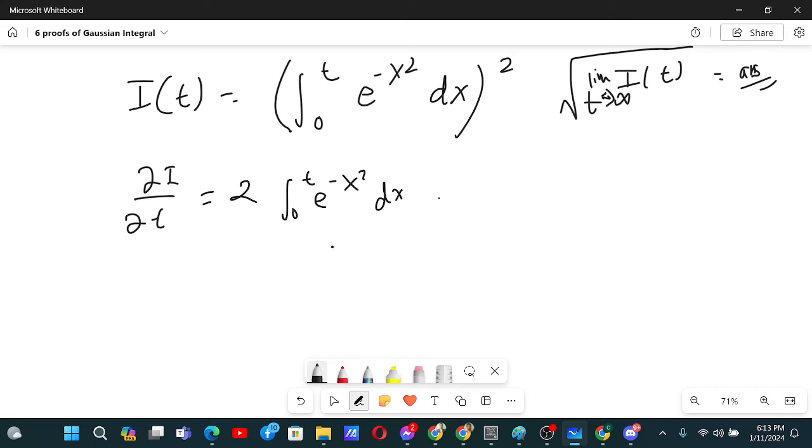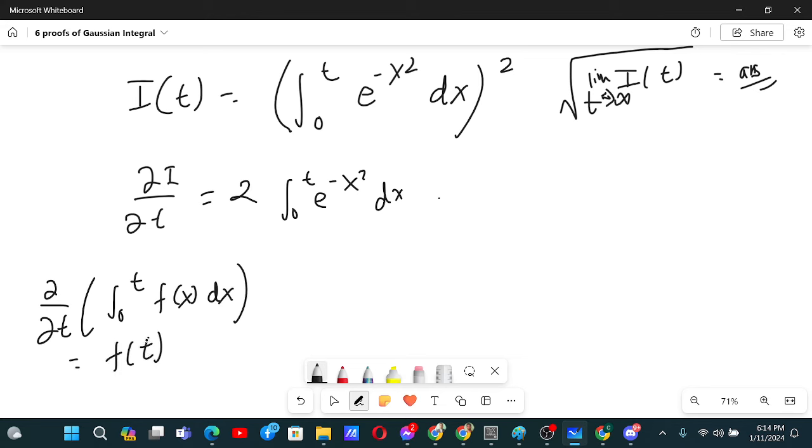Now we have one theorem from the fundamental theorem of calculus: if we are differentiating something of the integral from 0 to t of f of x dx, this will just be f of t.